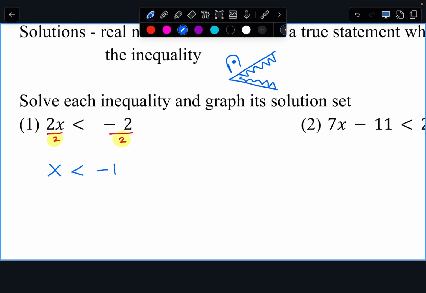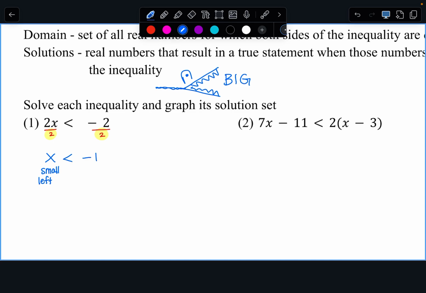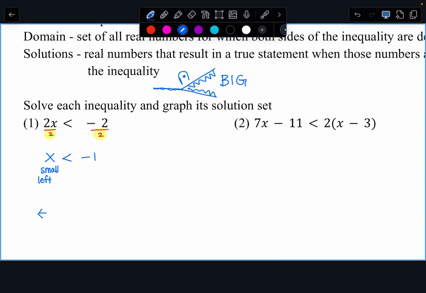It wants to eat the bigger number. So when x is at the pointed part, it means x is smaller. When x is smaller, you're going left. So when we're graphing it, because there's no line underneath this inequality, it is an open circle.